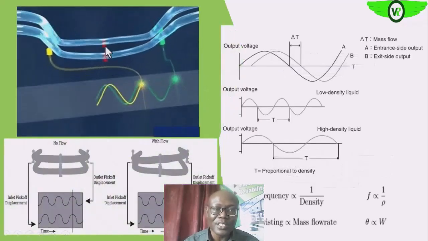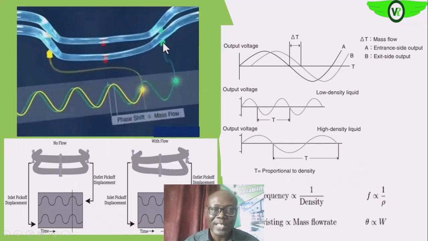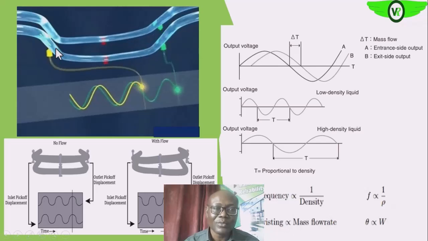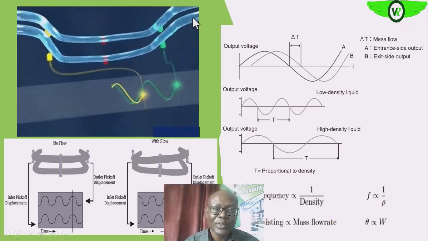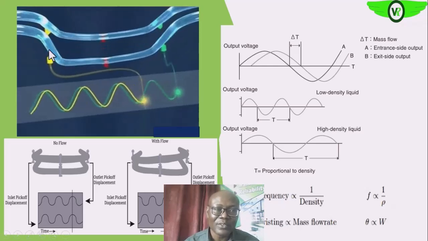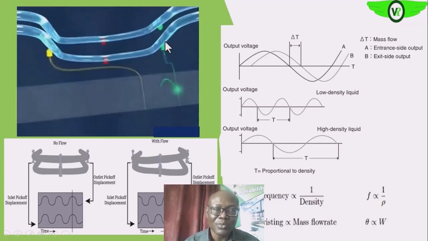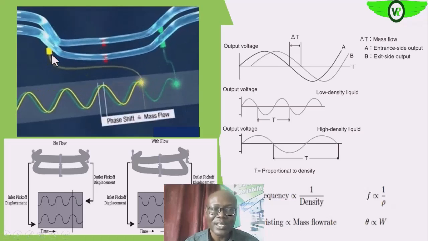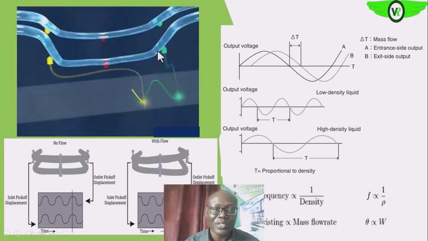So this is the drive coil. These are the sensors. If the flow is from right to left, this will be the input sensor, and this is the output sensor.